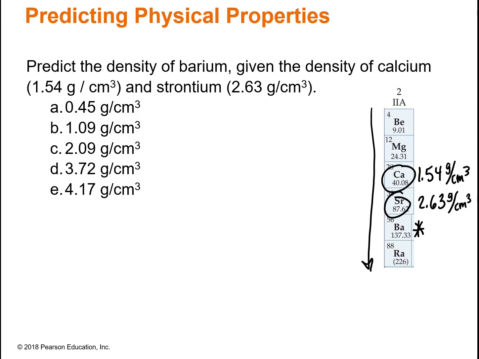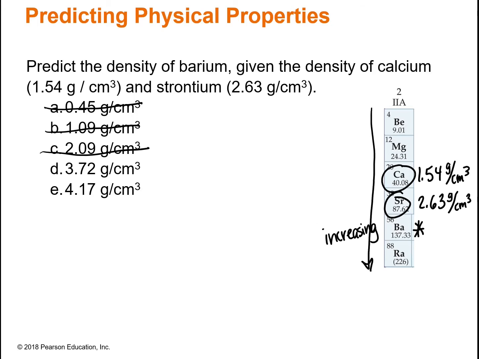So that means that our trend is increasing as you go down the group. So our answer has to be bigger than 2.63. We can rule out A, B, and C. Now you've got a 50-50 shot.